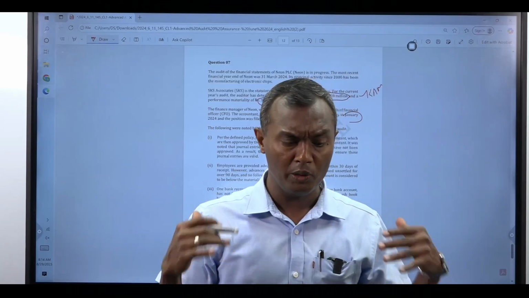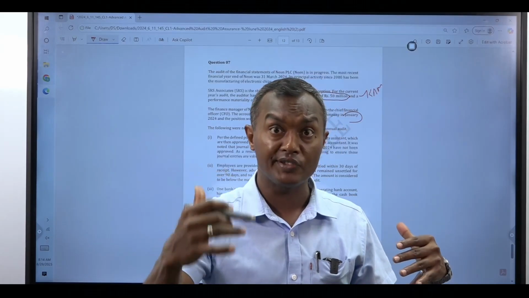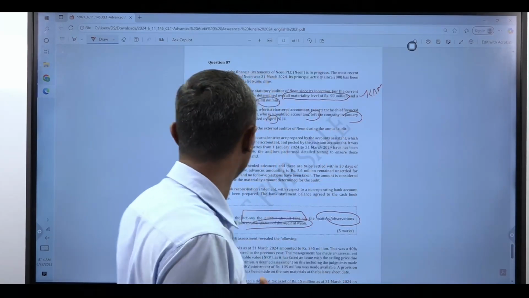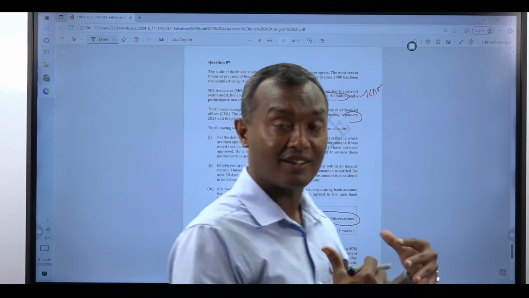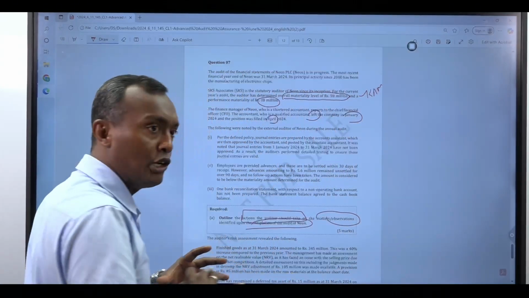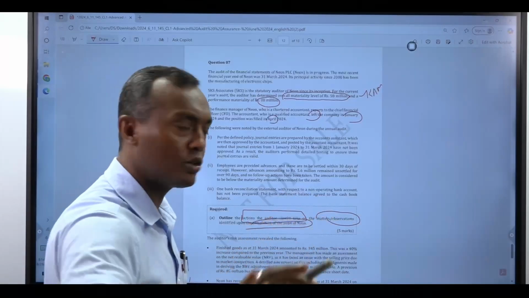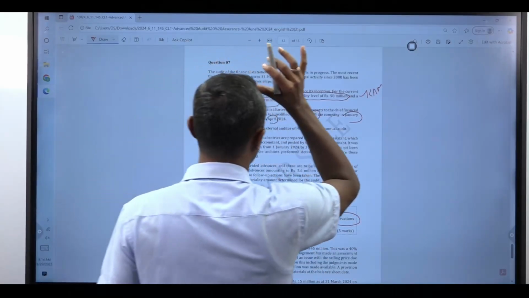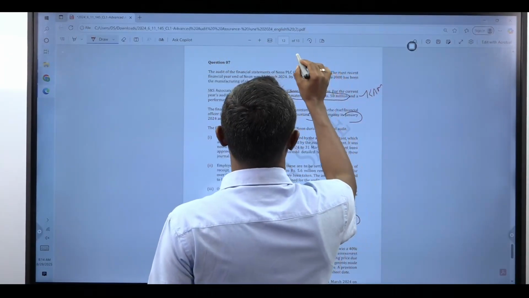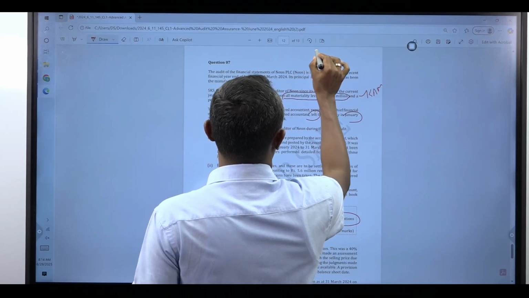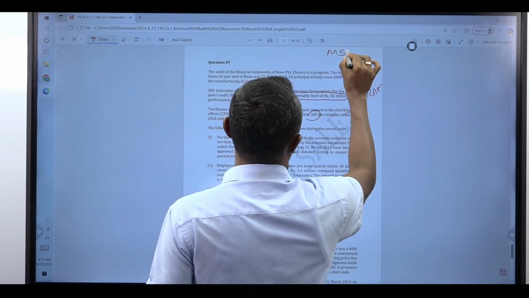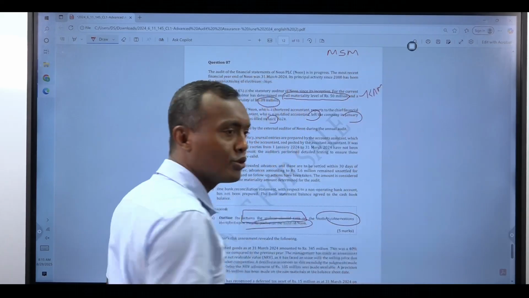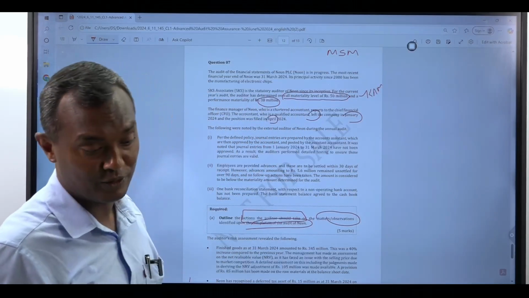There are two important standards in auditing: the auditor's communication standards. Communication: tell the management, or change the opinion. When it comes to communication, there are two important standards. One is, remember I told you about CAM from MSM, the most significant matters the auditor communicates to management.